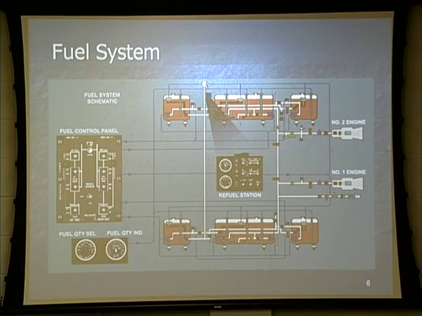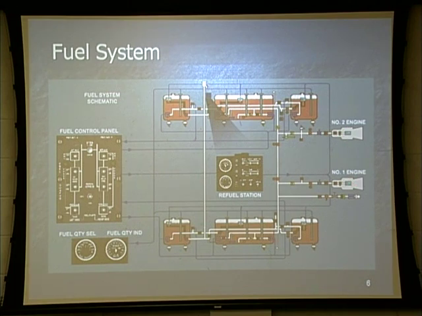Okay? Now, the crossover line, which is this line right here, is going to be used during what process? Okay, during the feed operation, feeding fuel, keeping in mind that the crossover line is going to be used under pressurized fuel. Only now, depending on which way we got the fuel going, that pressurized fuel is either going to be coming from the left tank to both engines or from the right tank to both engines.